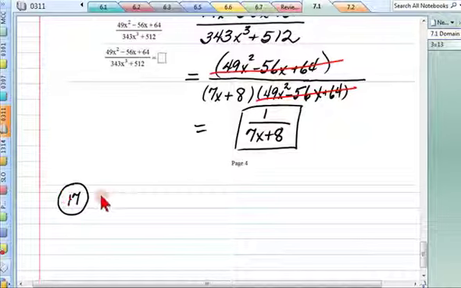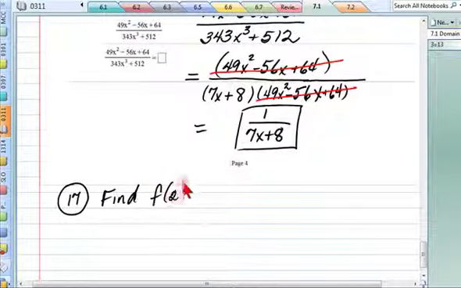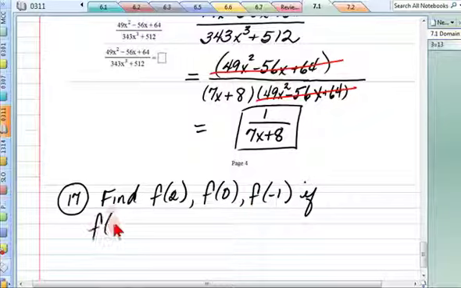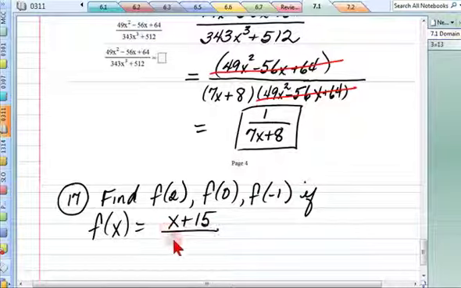And it says, find f(2), f(0), and f(-1) if f(x) is (x plus 15) over (9x minus 3).